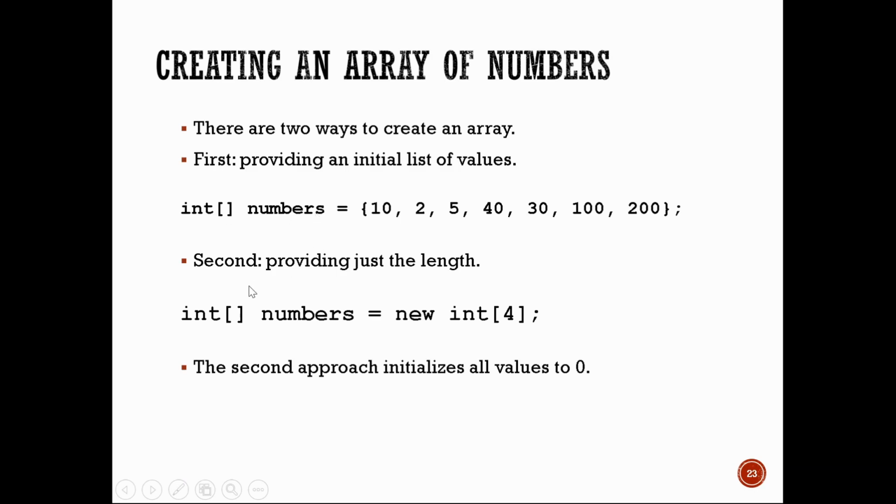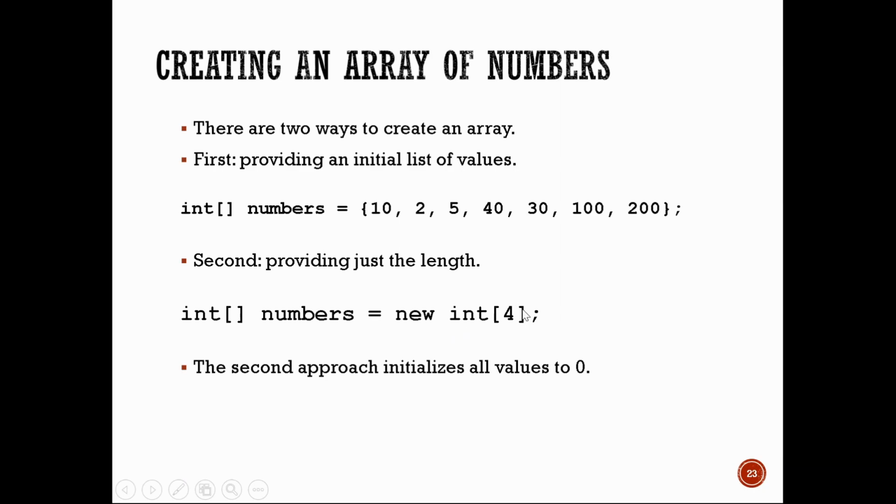The second way of creating an array is by providing just the length. And the initial value of all elements of the array you created is 0. So we have int[] numbers. Numbers is the name of our array, and the variable type is integer. Int[] numbers = new int[4].